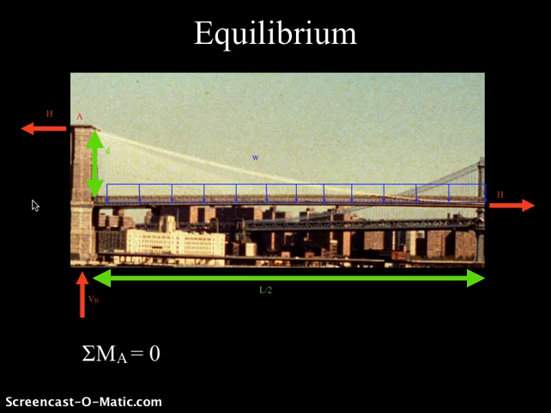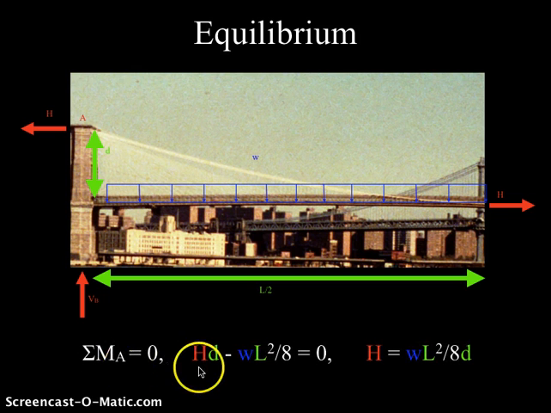Now, the way that we develop statics for suspension bridges is to use the equations of equilibrium and say simply that the moments must balance. The sum of the moments at point A must equal 0 if the bridge is to be in equilibrium, in other words, not moving.